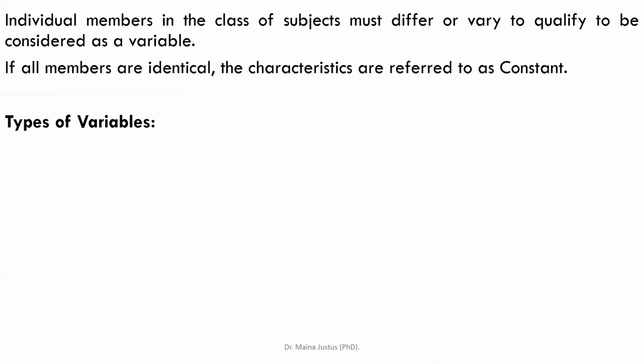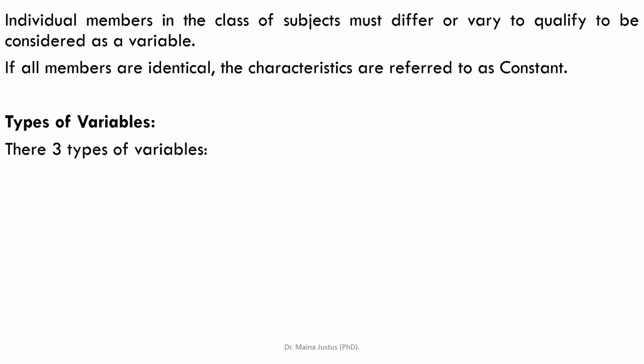So therefore, we need to note that variables are created by converting constructs into measurable forms. We have to move from a concept in our mind, an idea, then take it to be a construct, and finally develop a variable.